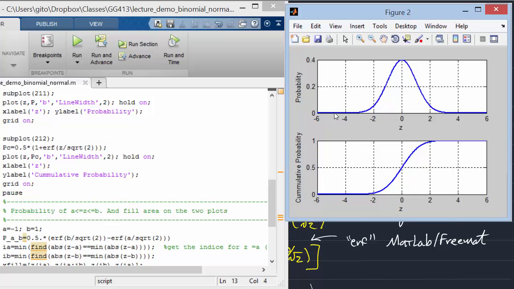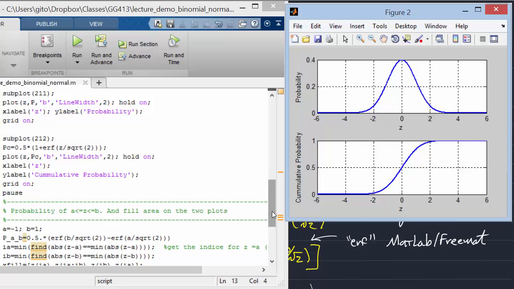But as the PDF grows, the area grows, and the rate at which it grows is proportional to the size, the amplitude of the PDF. And at 0, the rate of growth of the cumulative probability distribution starts to decrease as the change in area with z decreases, and it finally converges to 1.